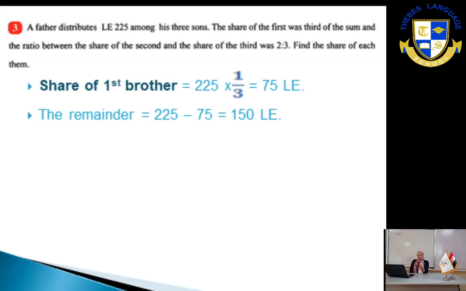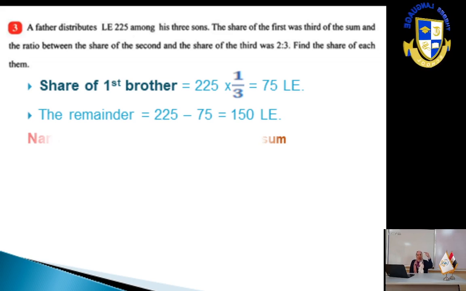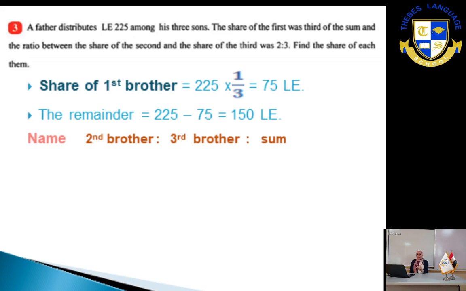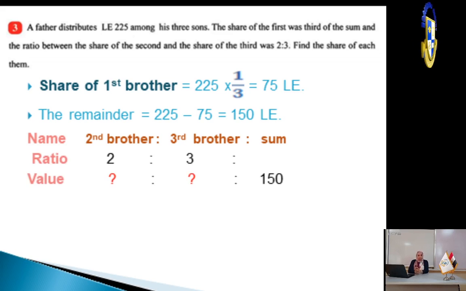Now this 150 pounds will be our sum, which we will distribute. Put name, ratio, value, here second brother, third brother, and sum. Our ratio will be 2 to 3, and our value will be 150 pounds. And remember, the value can't be on the same line with the ratios, okay?